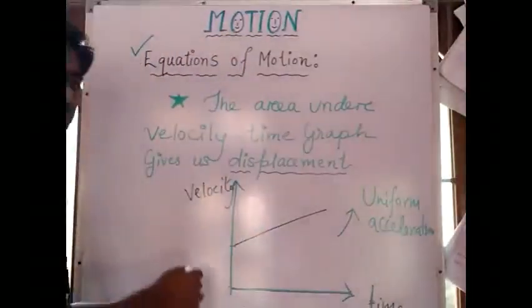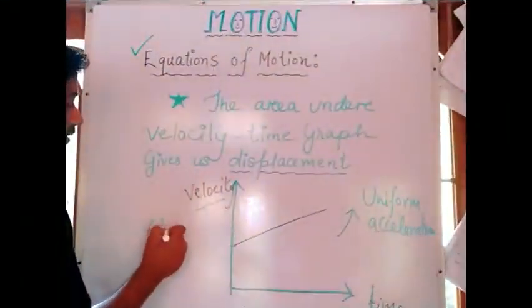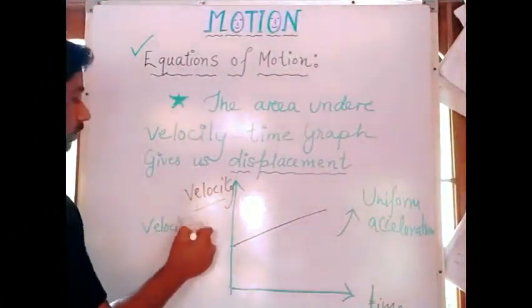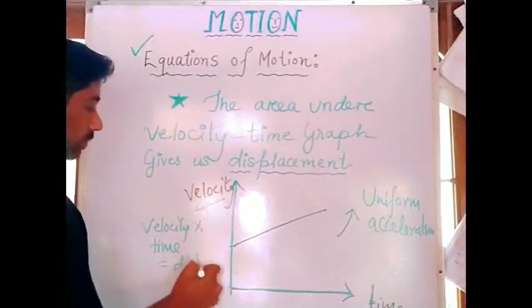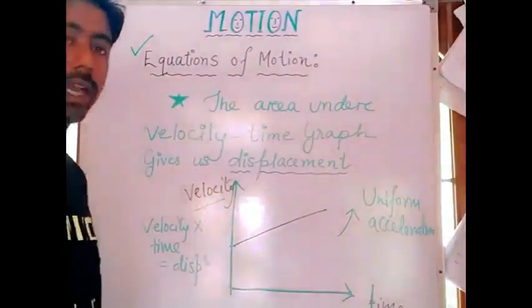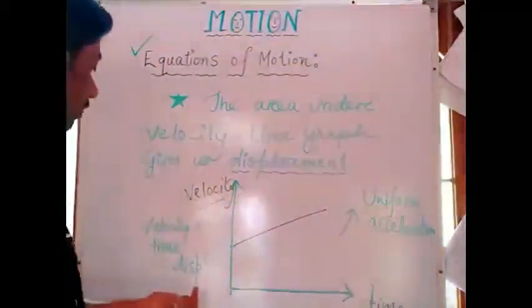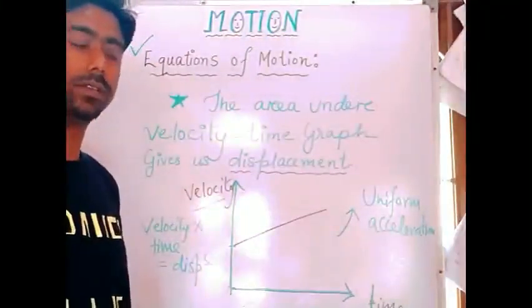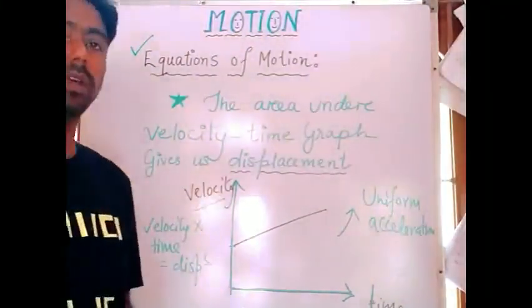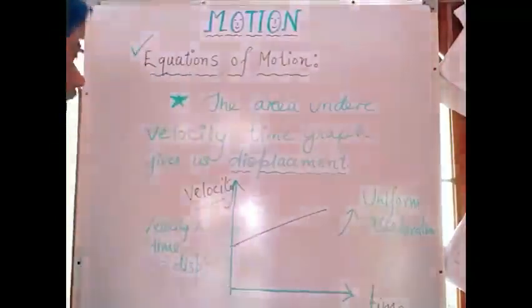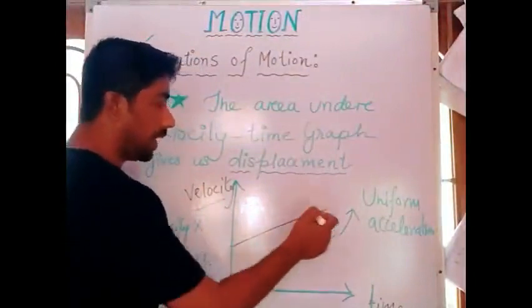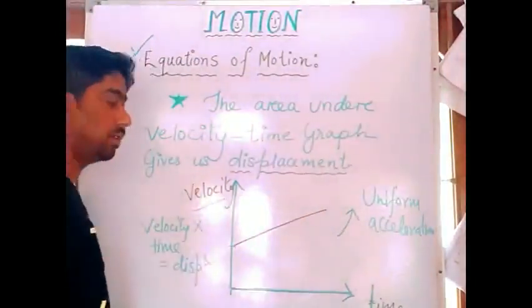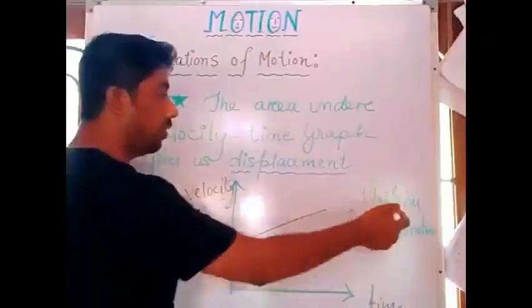Now, if you think about it, velocity into time is equal to displacement. You can calculate it and see, because velocity is displacement by time, so displacement is equal to velocity into time. Now from that idea, this is the graph. You can see the black line here is the graph of velocity and time for uniform acceleration.